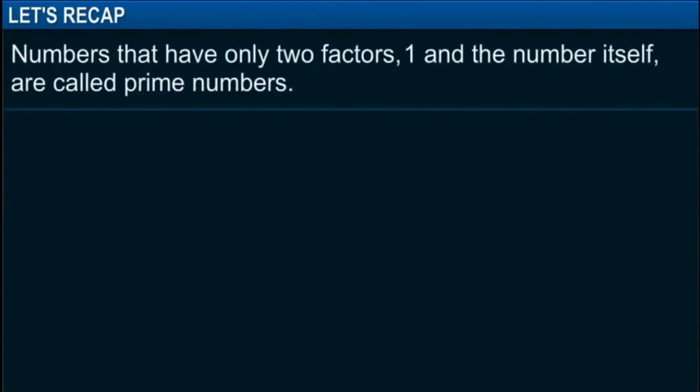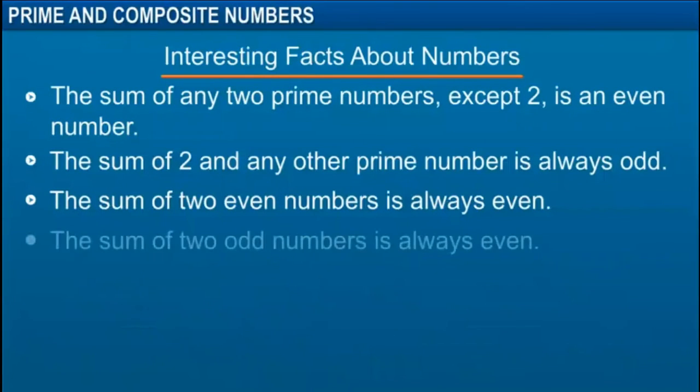So what all interesting things have we studied? Miss, finished. Okay, how many things did we study? We have studied 4 things. That is, the sum of any two prime numbers except 2 is an even number. If I take two prime numbers and add them, what will I get? An even number. Same way, 2 plus any other prime number: if we add 2 and a prime number, what will the answer be? Always an odd number.